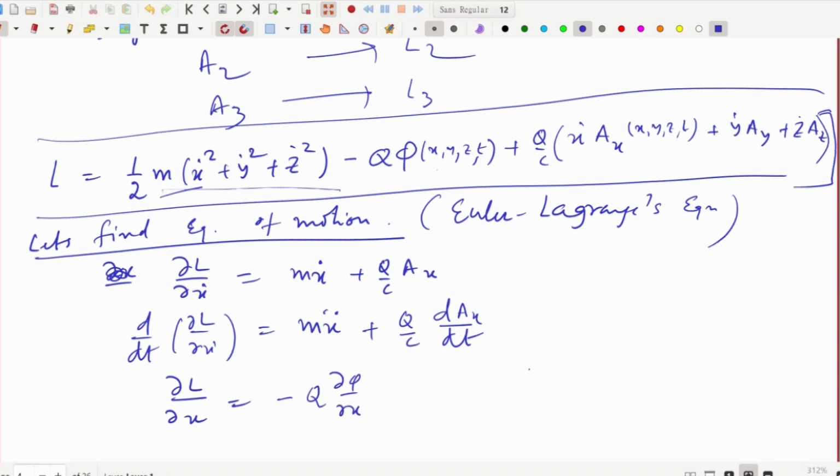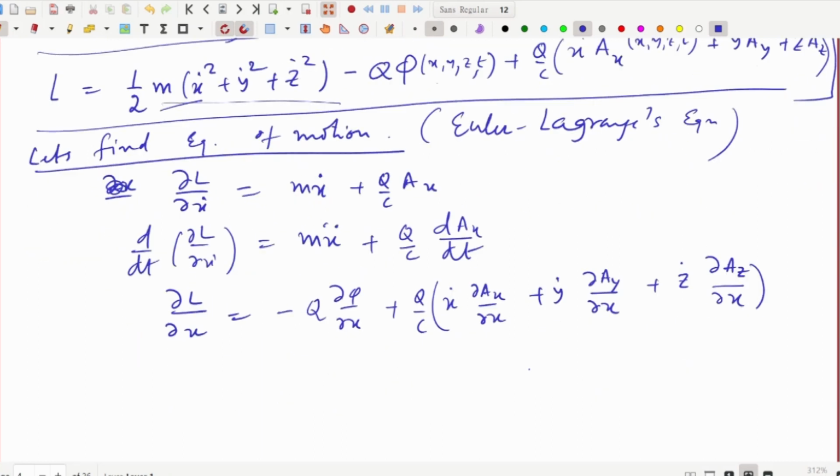Then I have x dependence in all of Ax, Ay and Az. So, let me write q by c times (x dot ∂Ax/∂x plus y dot ∂Ay/∂x plus z dot ∂Az/∂x). So, what is the equation of motion?